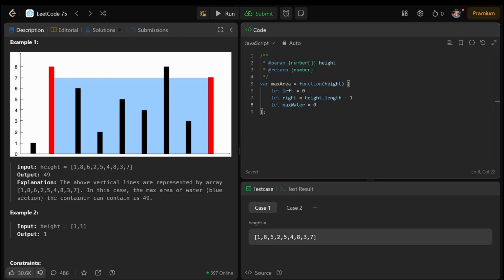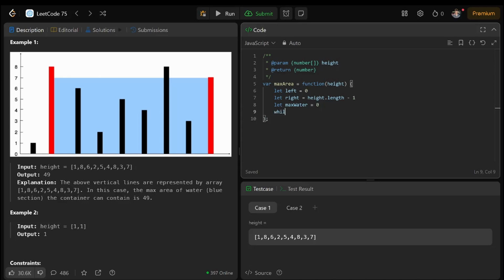So each time we will calculate the max water, and we don't need to worry about stopping our pointers until they're basically touching each other. The thing that will update is the max water. So once you find a max, you don't need to worry about updating it with a lower max, because it will only be updated if the new area you find is greater than the area you've currently stored.